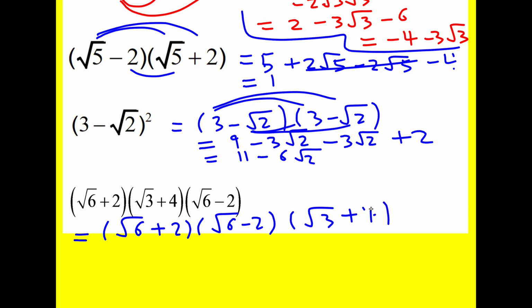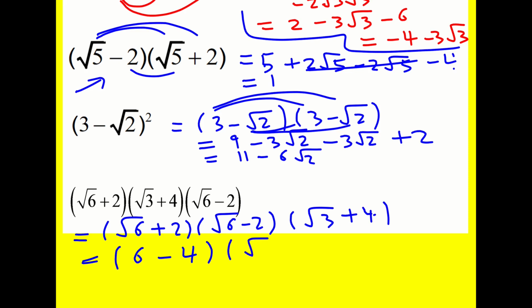Now why have I done that? Because I'm using my knowledge of this one up here. They cancelled out, so I get my root 6 times root 6, which is 6. Then I get a minus 2 root 6, but I get a positive 2 root 6. So they just go, and I've got minus 4. And suddenly this is looking a lot nicer because I actually have a rational number there.